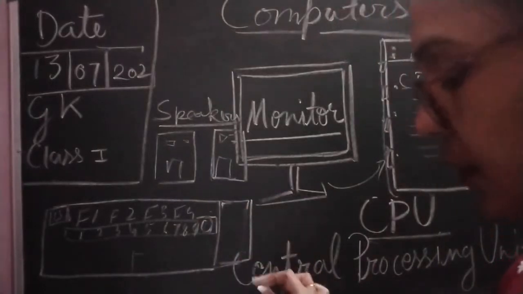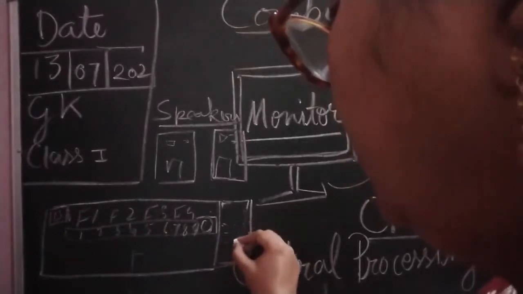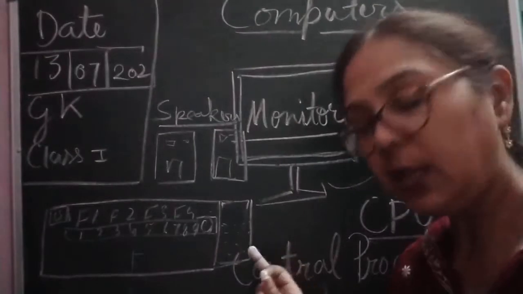That is a very important button. The same numeral keys we will see over here also. 1 to 0, 1, 2, 3, 4, 5, 6, 7, 8, 9 and 0.